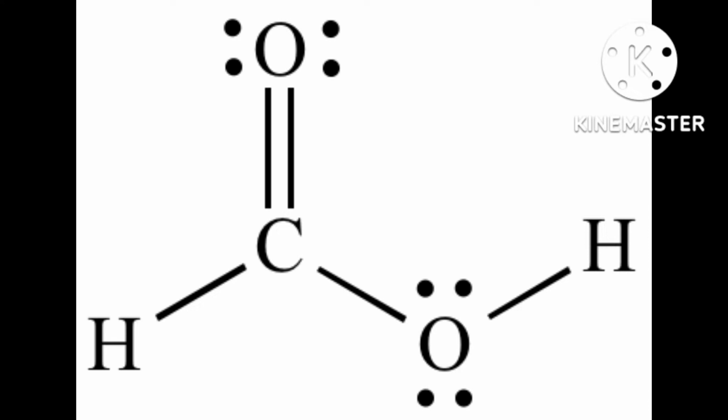For the second oxygen only a double bond is there, because it is making a bond only with the first oxygen atom. So 4 electrons, half of 4 is 2. Then 6 minus 4 minus 2 means 0. 6 minus 6 equals 0. So the second oxygen has 0 formal charge.